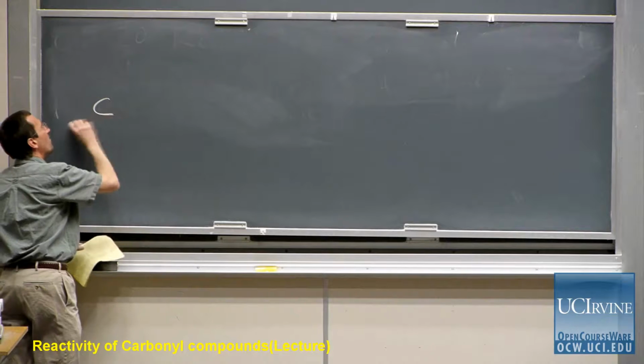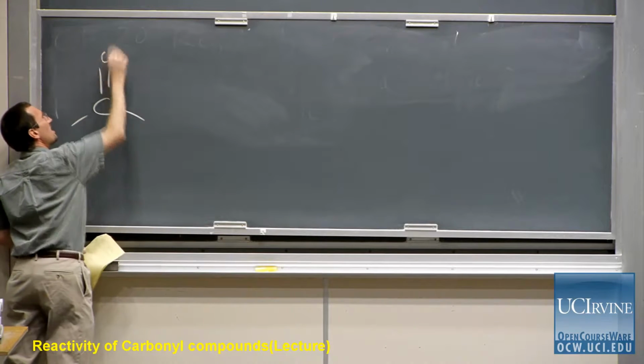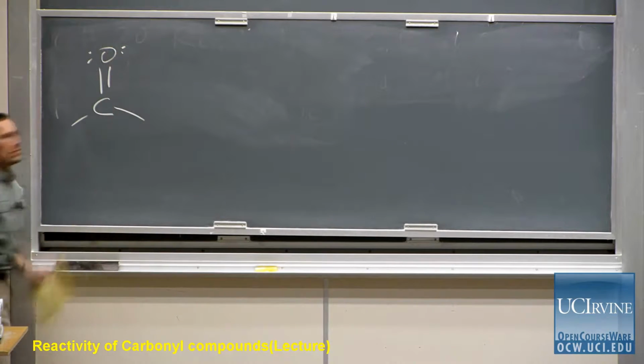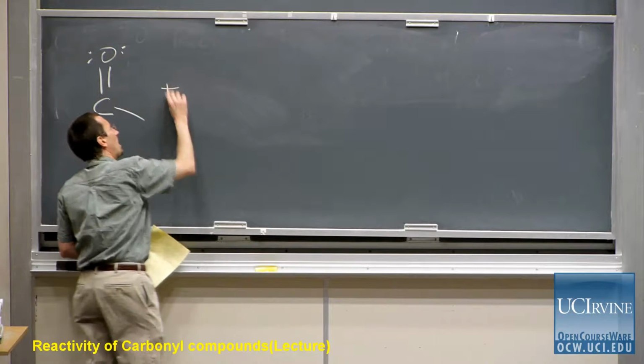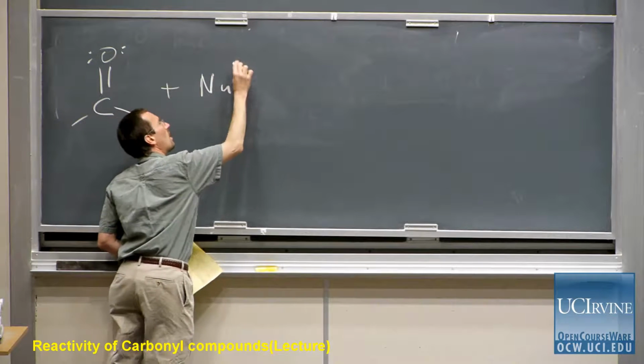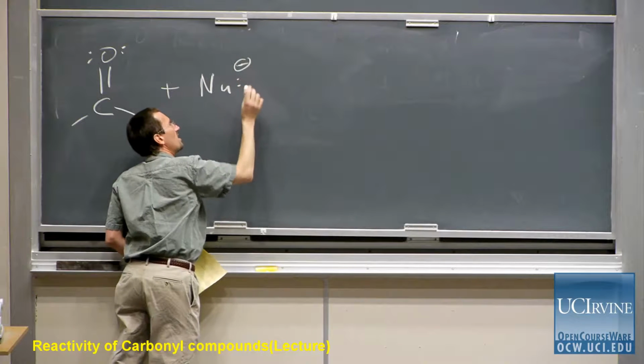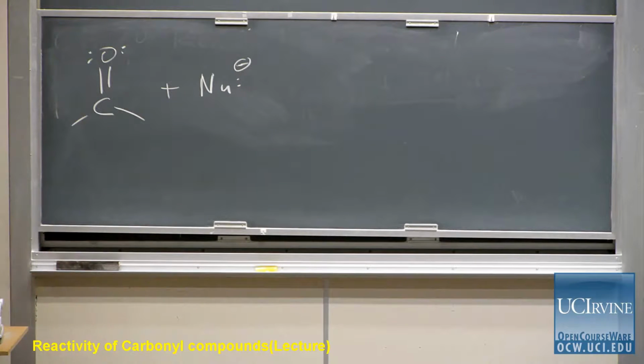So if you have a carbonyl group, and again, I'll draw it just as some generic carbonyl group, not meant to represent acetone, not meant to represent any particular group, and it encounters some nucleophile. Again, for now, we'll just represent that nucleophile in the abstract.